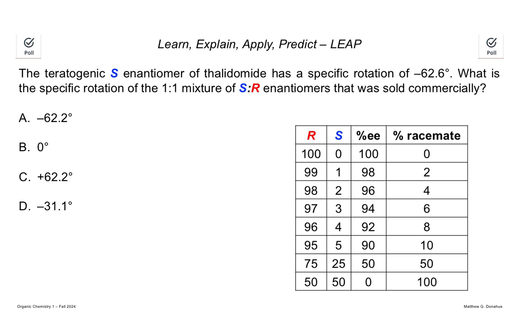So let's do some problems where we think about specific rotation and excess conceptually. If the S enantiomer has a specific rotation of negative 62.6, what's the specific rotation of the 1-to-1 mixture?